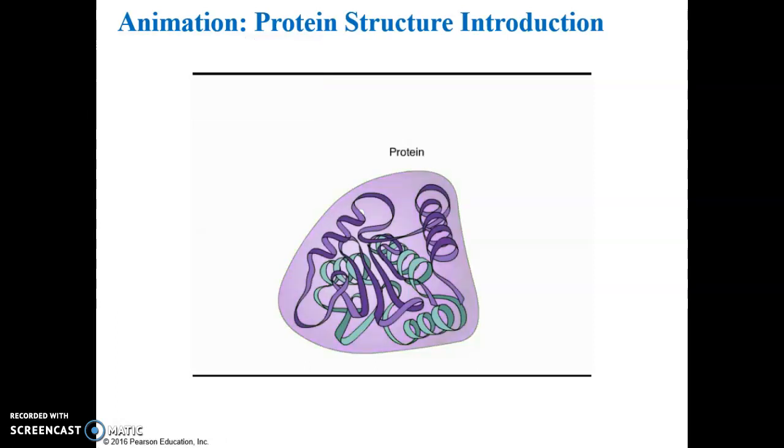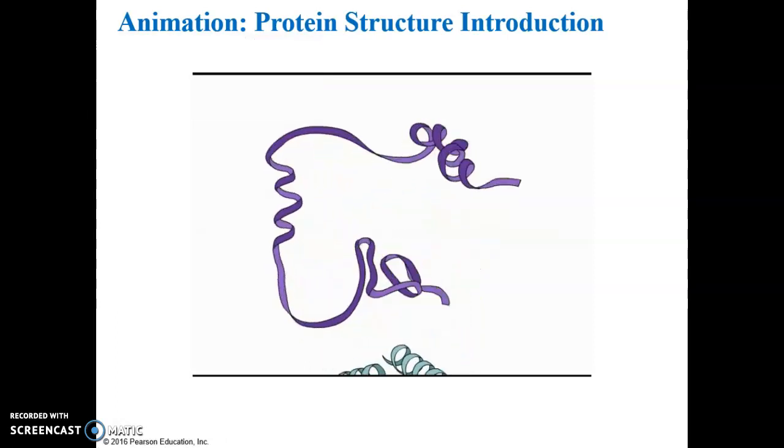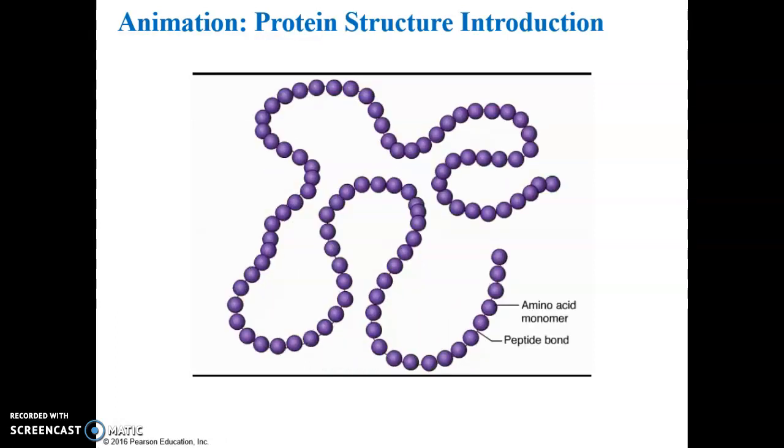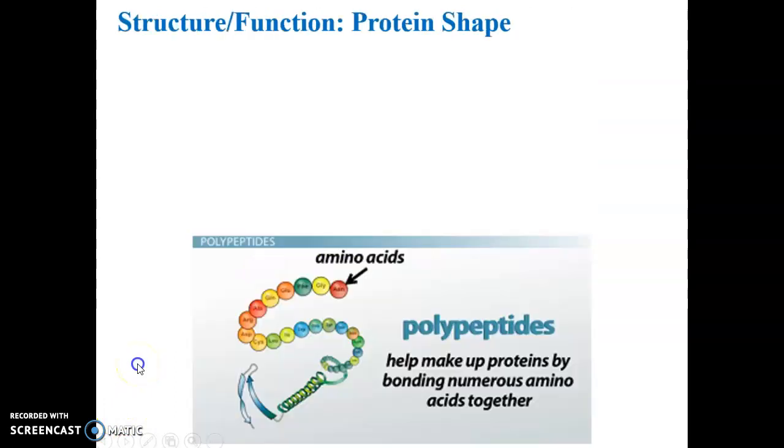Each protein molecule consists of one or more chains of amino acid monomers. The amino acids are linked by peptide bonds, so a protein polymer is often called a polypeptide. Because they are so complicated, proteins are usually described in terms of 4 levels of structure. We'll talk about the 4 levels of structure as we continue.